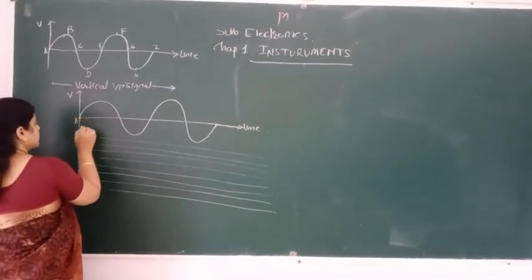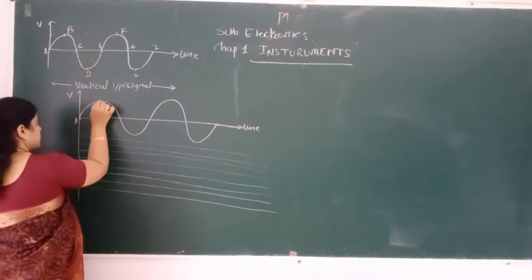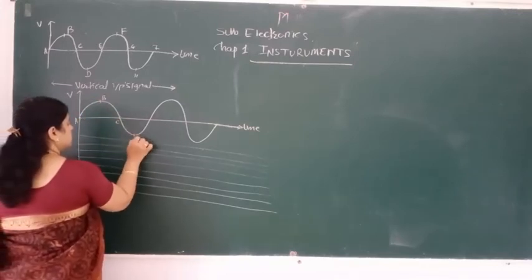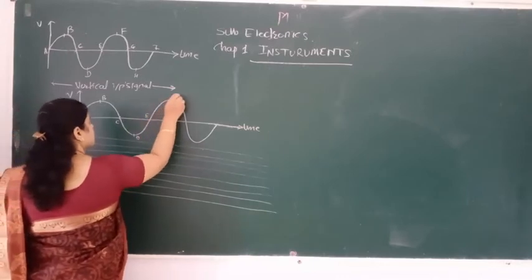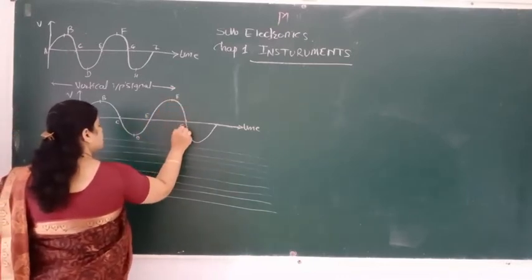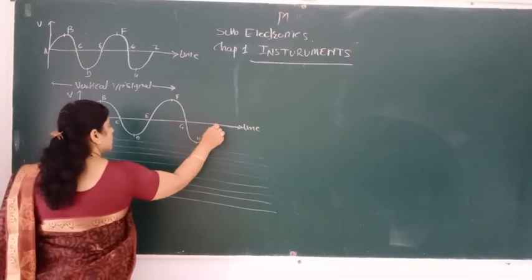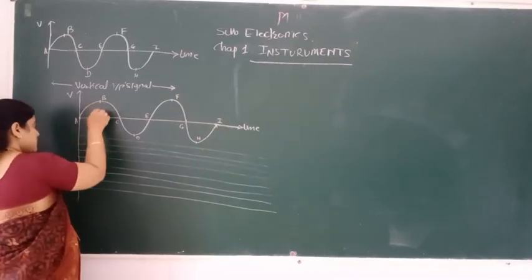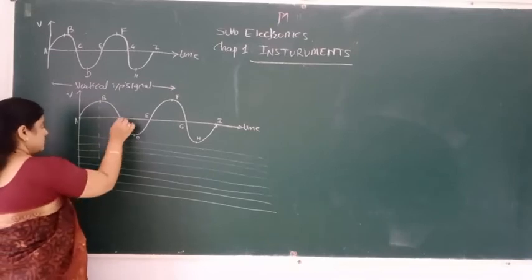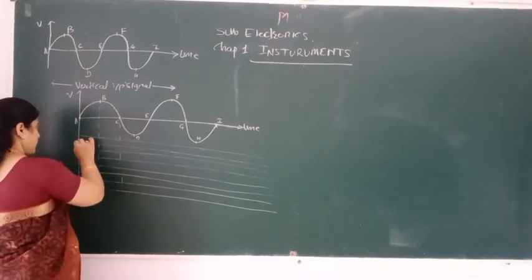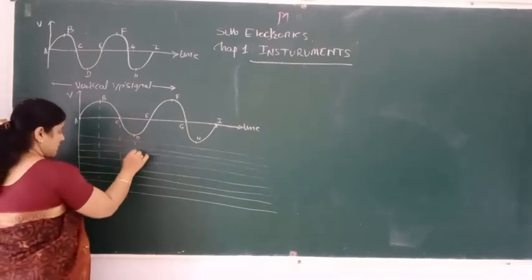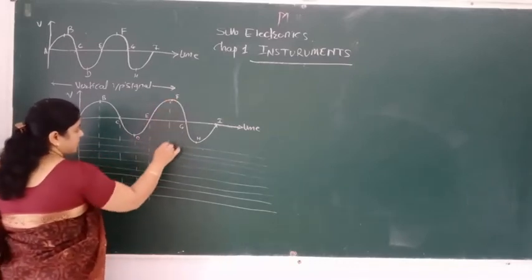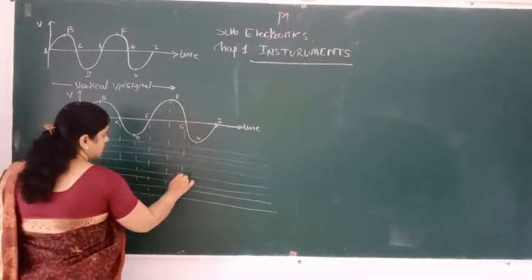If it is A, then this is B, this point is C, D, E, F, G, H and I. So you will see the exact image of this. You can draw this, the dotted line.